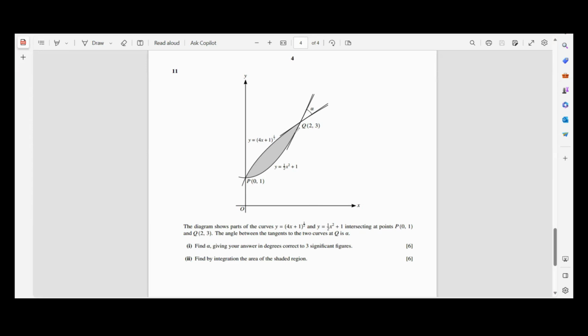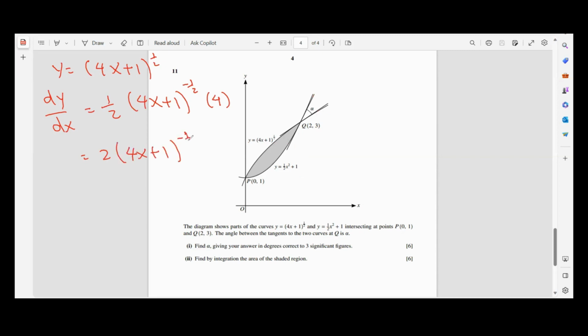So this is the gradient for this curve, and this is for this curve. Okay, we have to find the dy over dx first for (4x plus 1) to the power of half. So dy over dx equals half times 4, or it is 2 times (4x plus 1) to the power of negative half.